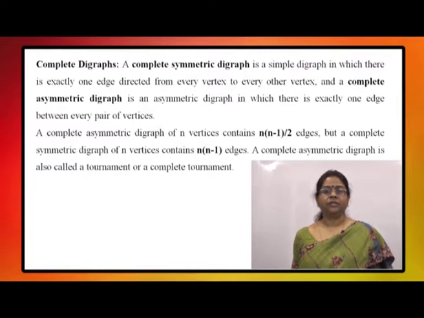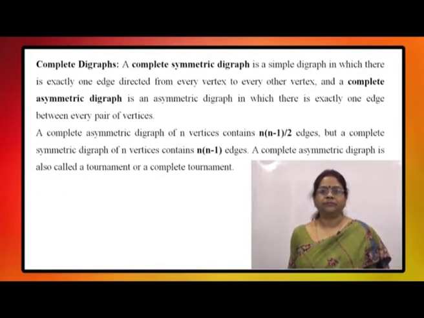That is, between every pair of vertices there are two edges oppositely directed. And a complete asymmetric digraph is an asymmetric digraph in which there is exactly one edge between every pair of vertices. Exactly the same definition was true for undirected graphs.